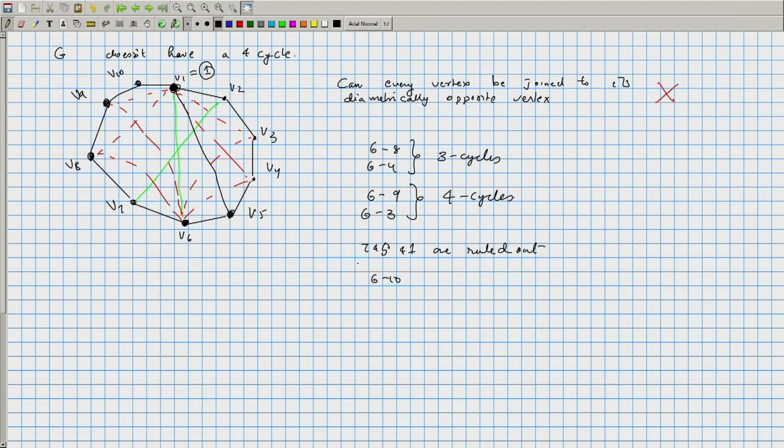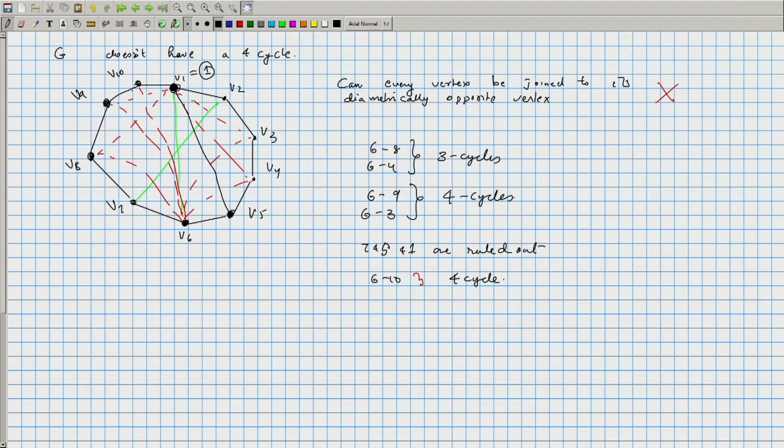If you look at 6, 10, you again have a 4 cycle. Okay. 6, 10, 1, 5 forms a 4 cycle. So, this also causes a 4 cycle, and therefore, we cannot have any edge out of 6. So, that contradicts our initial assumptions.